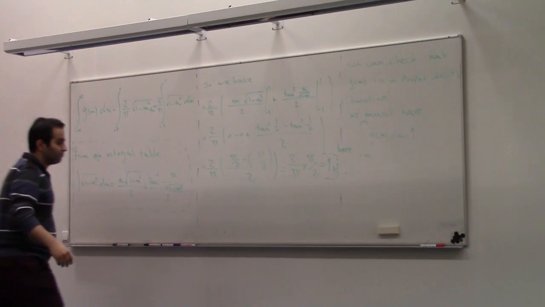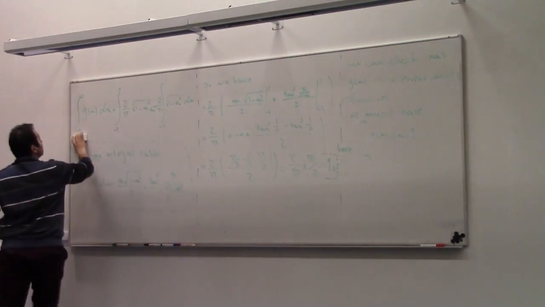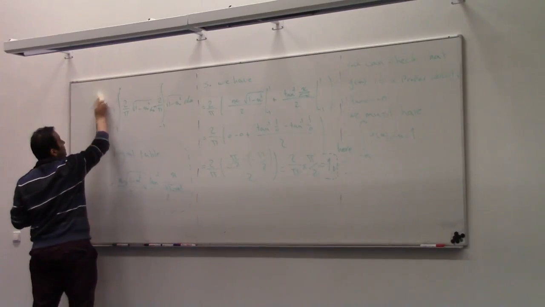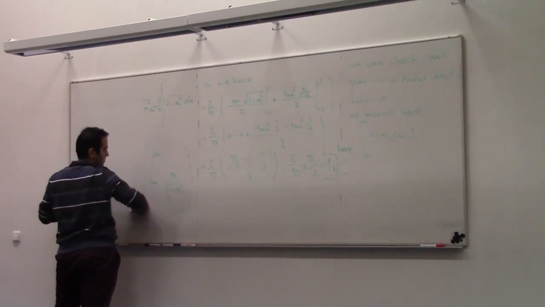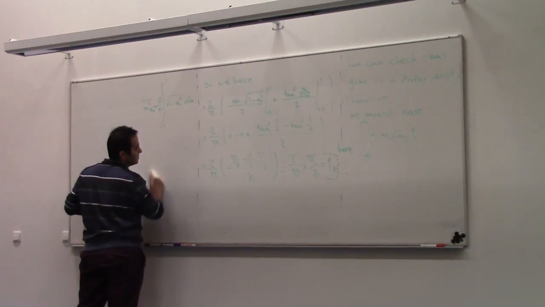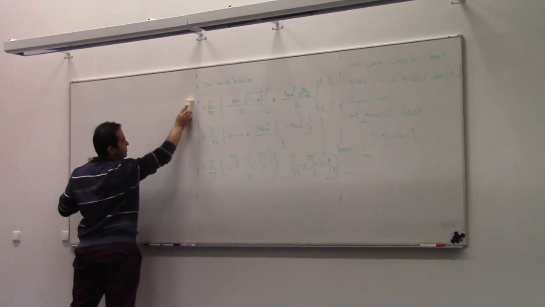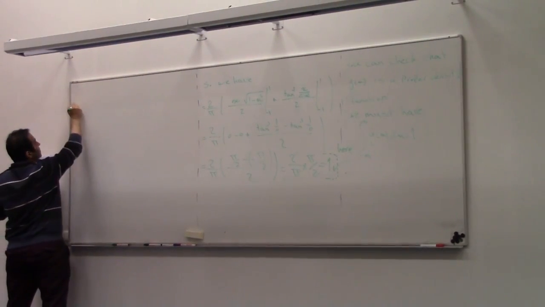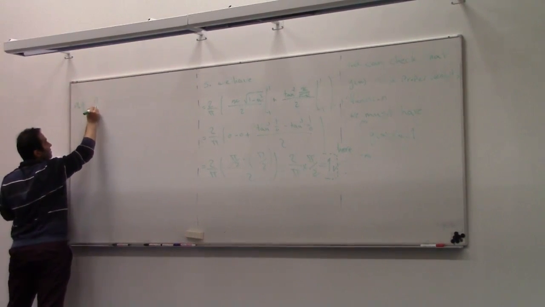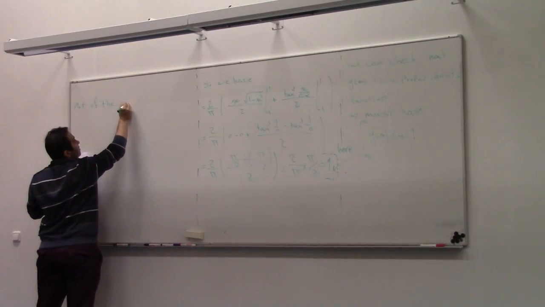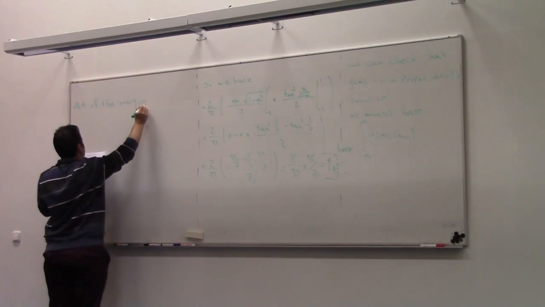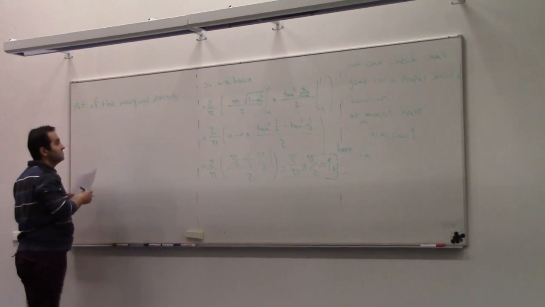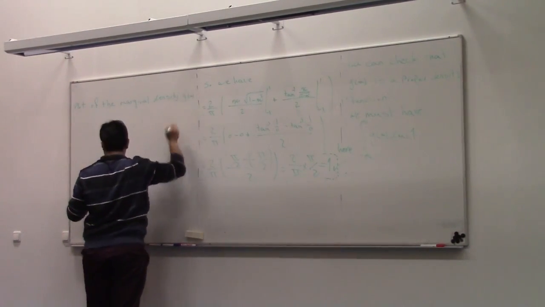If I want to plot the Jx, the marginal density, it's something like this. Okay?